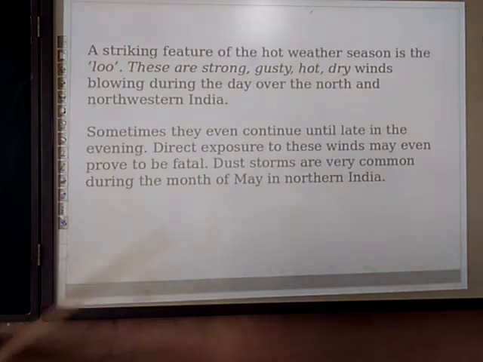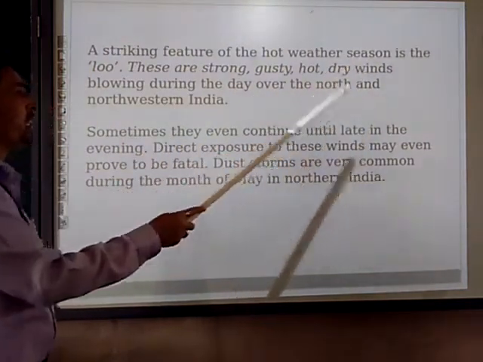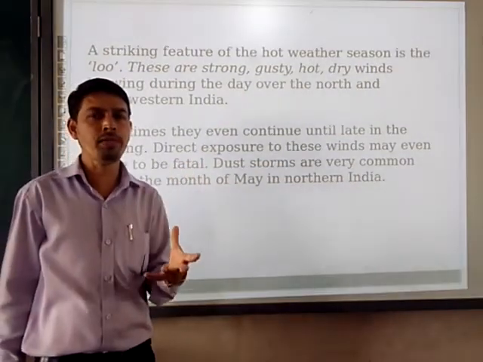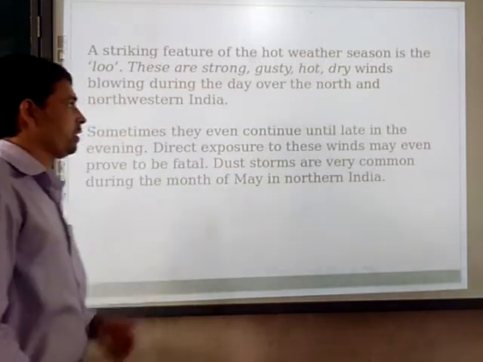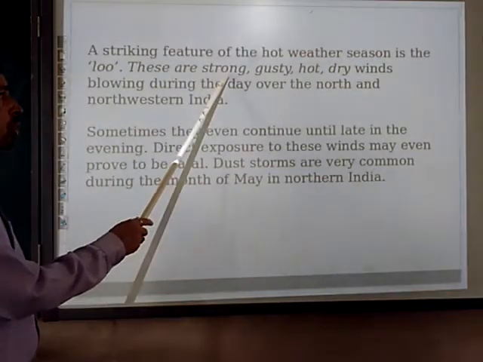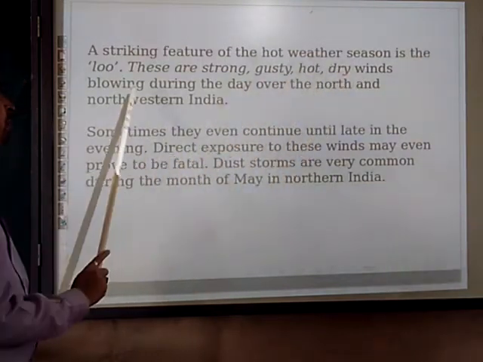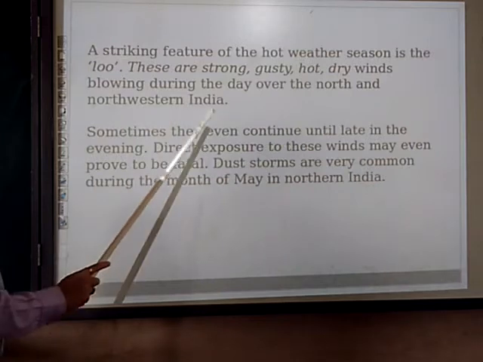Next, a striking feature of the hot weather season is the Lu. Lu is the local name of the hot wind which generally blows in the northern part of India. These are strong, gusty, hot, dry winds blowing during the day over north and northwest India.